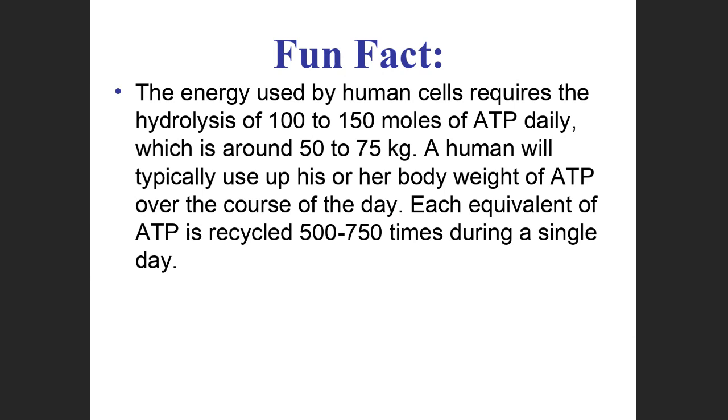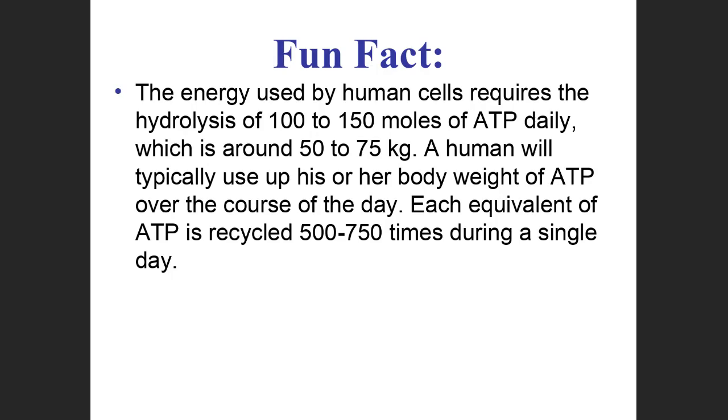Yes, 6.02 times 10 to the 23. So 100 to 150 moles, so 150 times 6.02 times 10 to the 23. It's an incredibly huge number, just an unimaginable number of ATPs produced every single day.